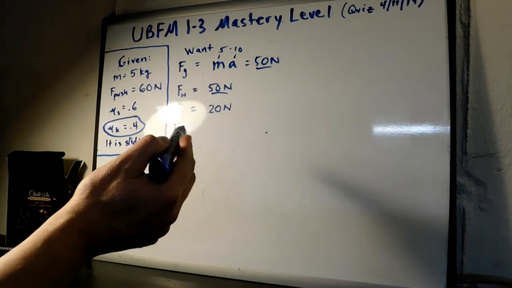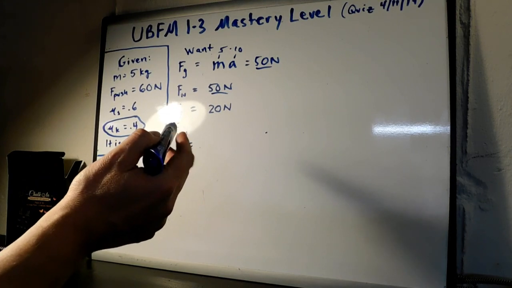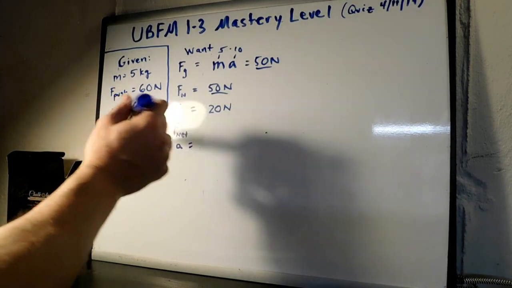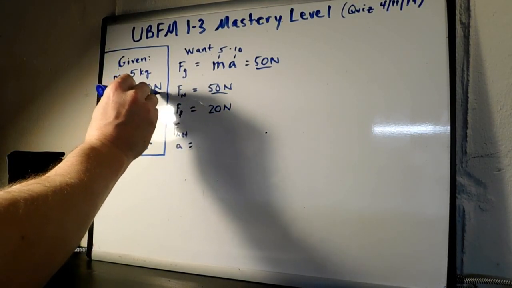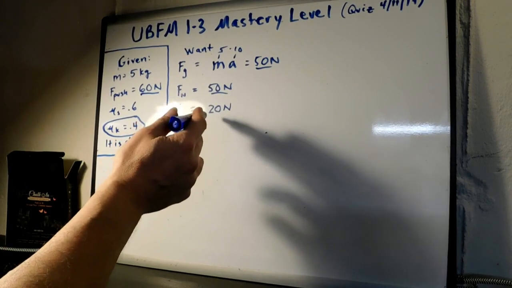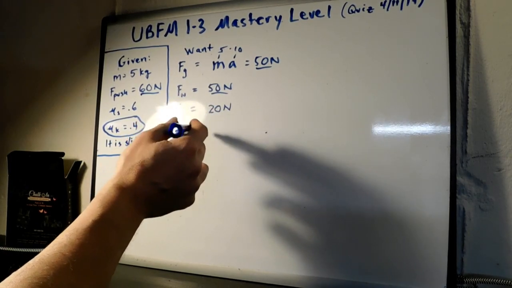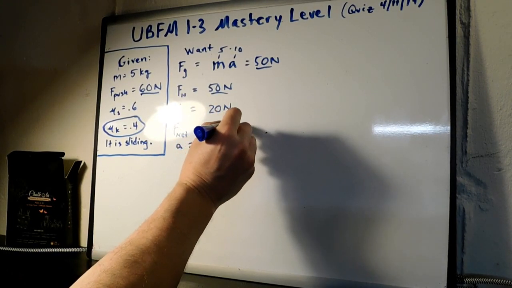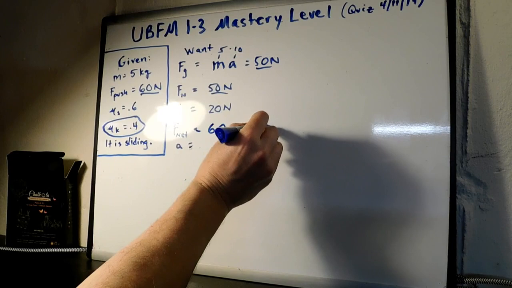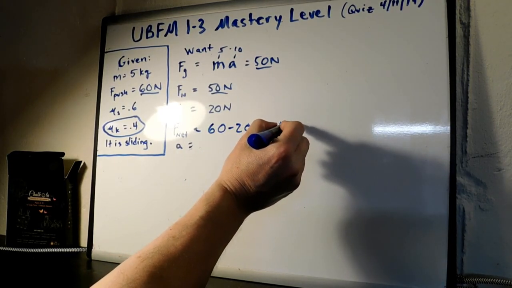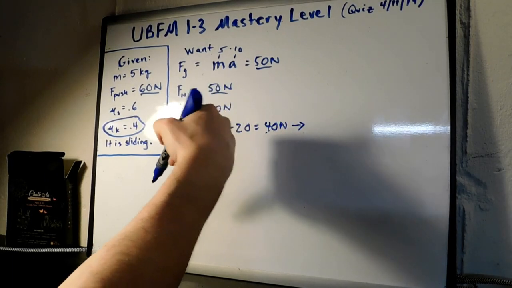Now we need to find the difference between the push, which is 60, which we've got in our given, and friction, which is 20. Friction is resisting the push, so that's 60 minus 20, and that equals 40 newtons, still to the right.